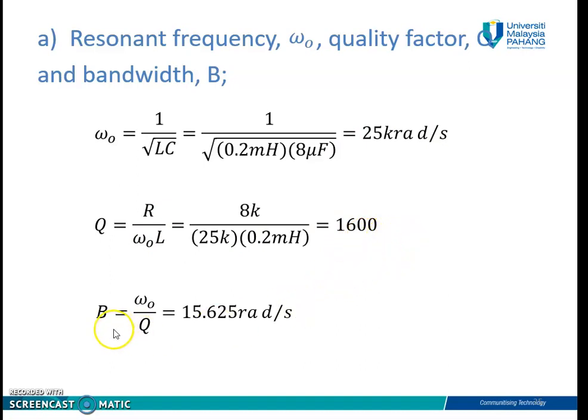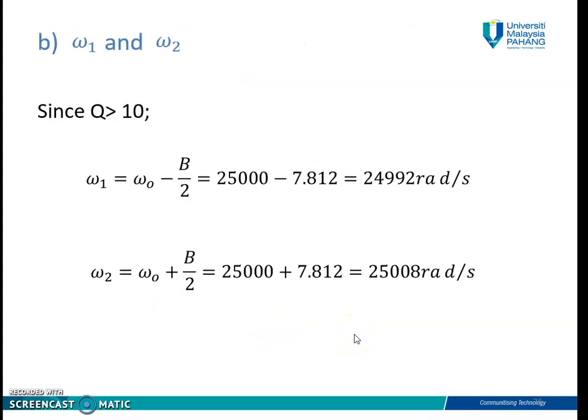For the bandwidth, omega naught over Q. Since we already have the value of Q, we get the bandwidth 15.625 radians per second.